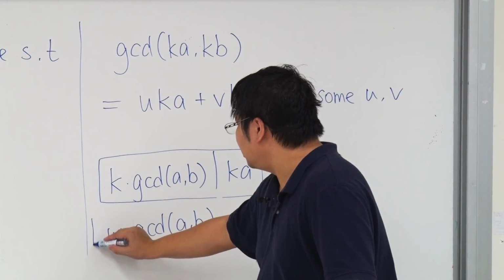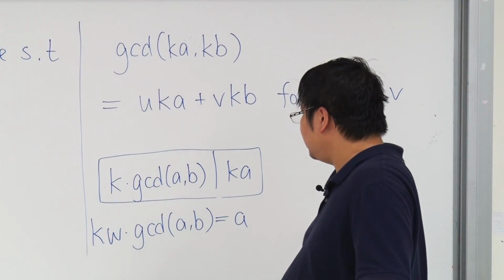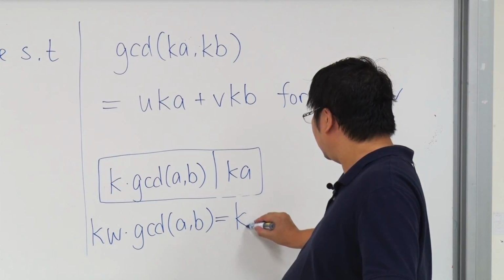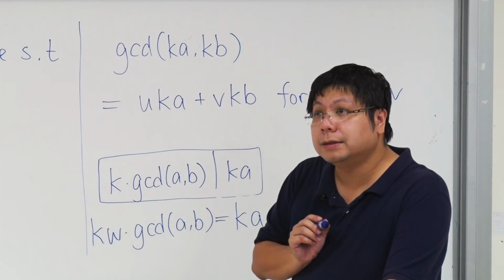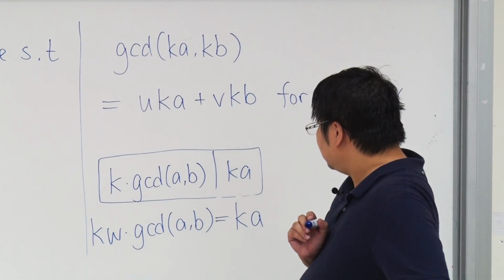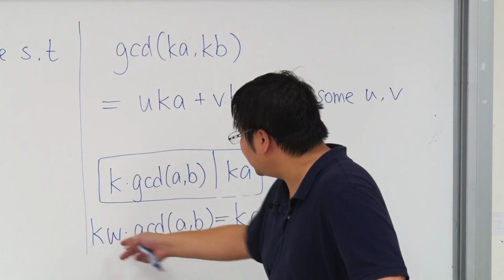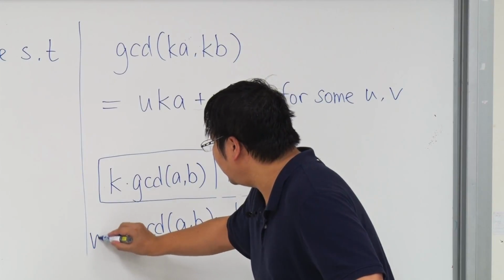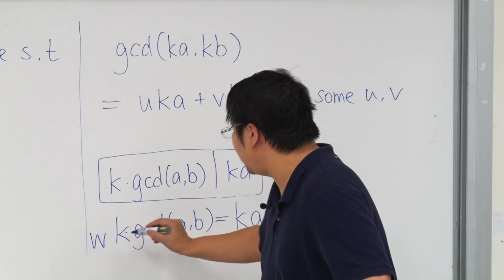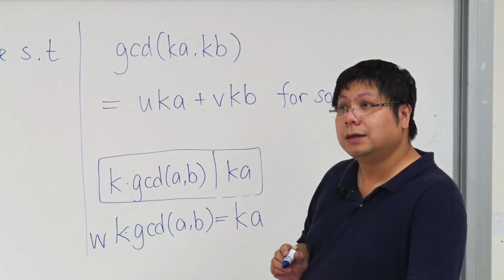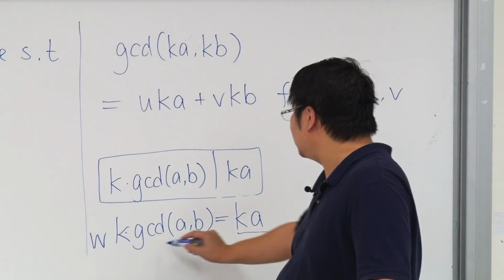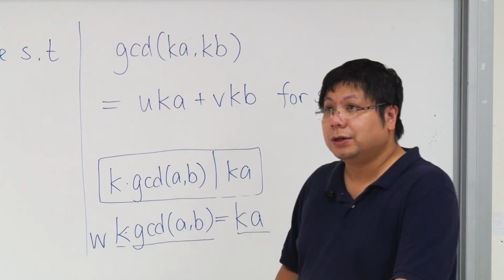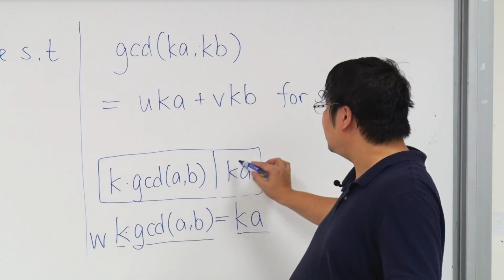So if this is the case, then KW times GCD of AB is equal to K times A. Well, we exchange these two, so Ka is equal to W times K times GCD of AB. So Ka is written as K GCD AB times an integer. So in that case, K GCD AB divides Ka.